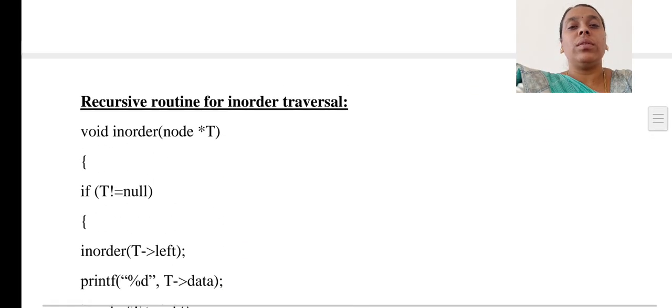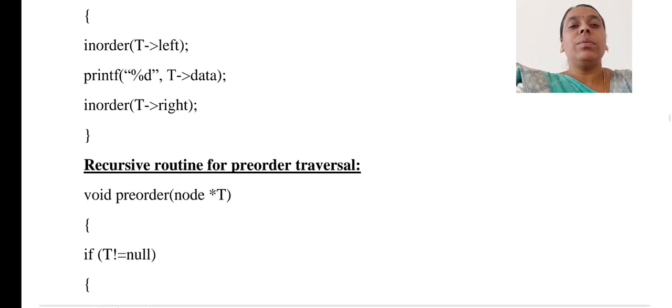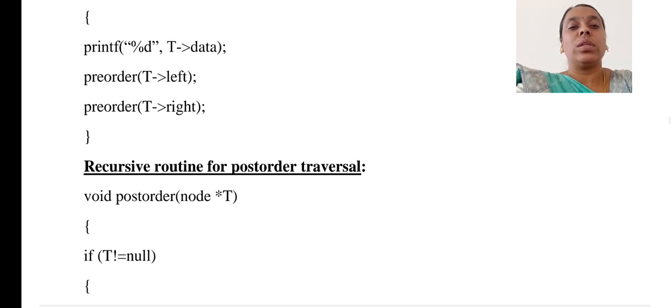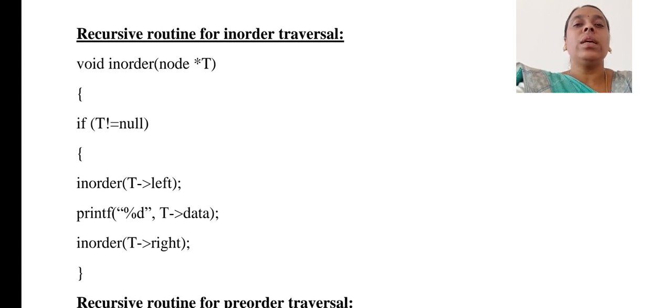These are the recursive routines for in-order traversal. This is a program for in-order traversal, pre-order traversal and post-order traversal. First of all, in-order traversal uses void inorder(node *t): if t not equal to null. What is not equal to null? It means there is a node in the tree.